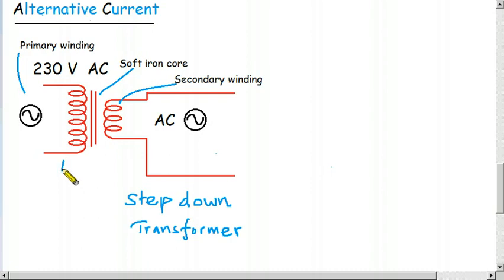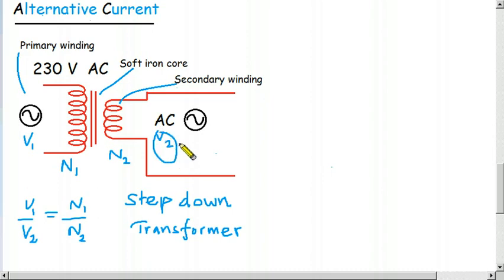If the number of turns here is N1, and here is N2, and the voltage supplied here is V1 and we get voltage from here V2, then V1 divided by V2 equals N1 divided by N2. From this equation you can calculate the voltage you can get from the secondary winding, if you know the number of turns and the supply voltage. That is what you know already.